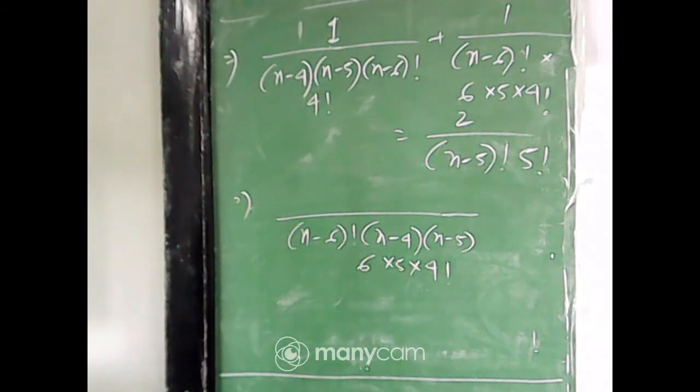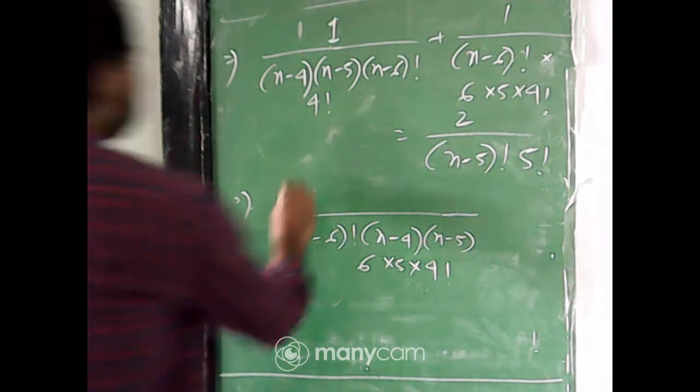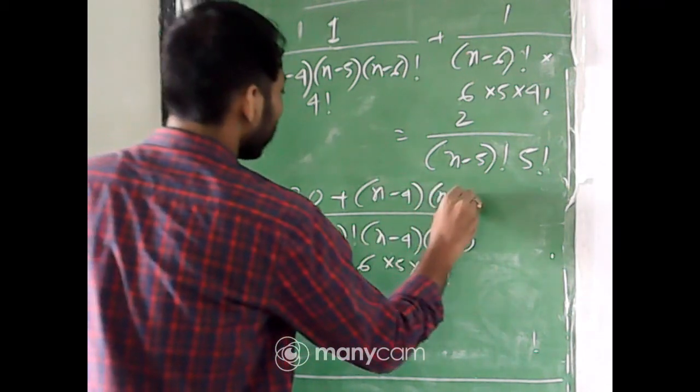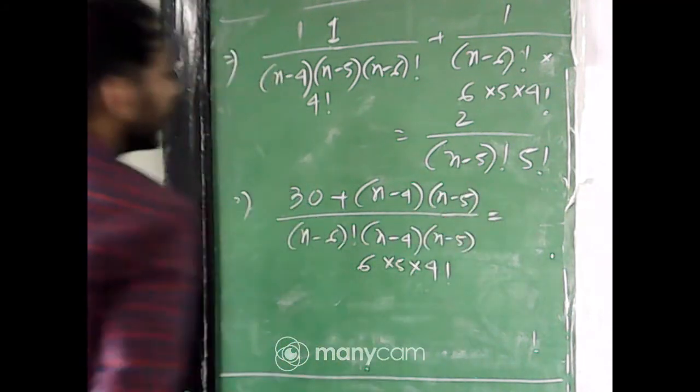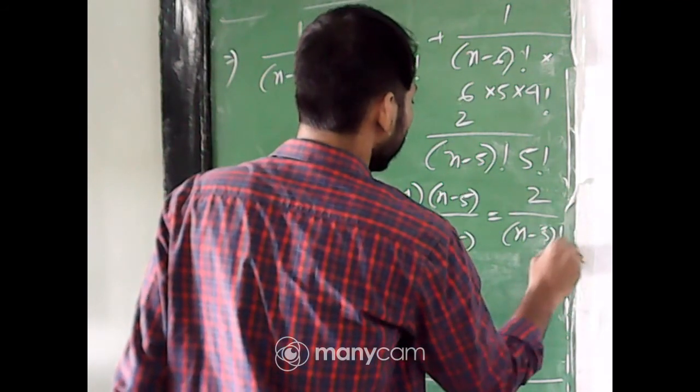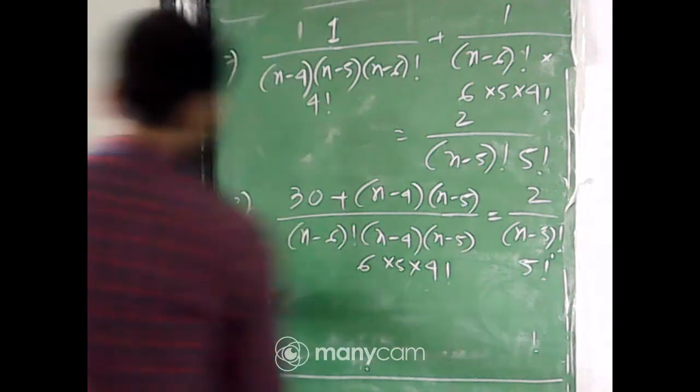Then in the numerator it will be 30 plus n minus 4 into n minus 5 equals to, RHS will remain unchanged, 2 by n minus 5 factorial into 5 factorial.